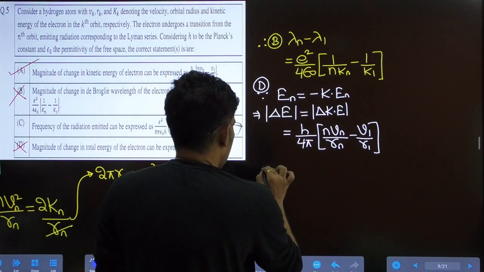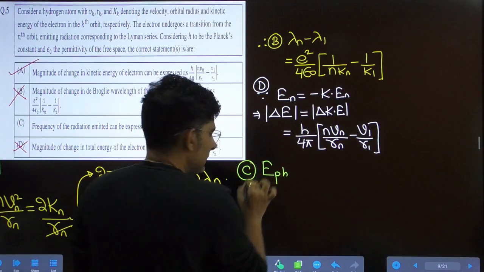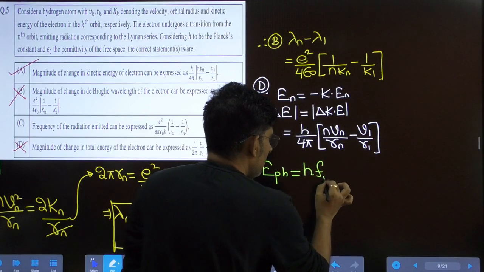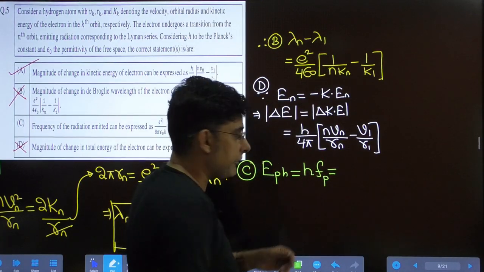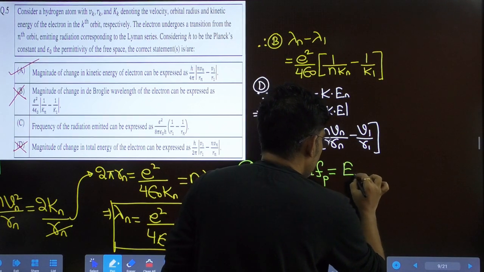So we know energy of the photon, if you go for the C part, energy of the photon is h into frequency of the photon, and this is simply the difference of energy of the participating orbit.